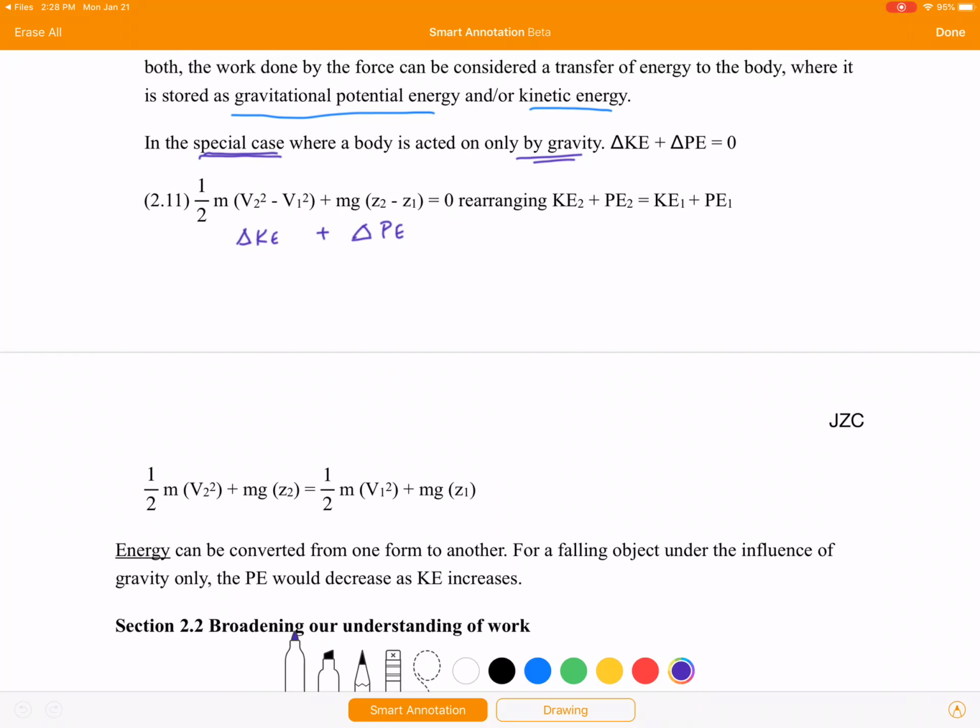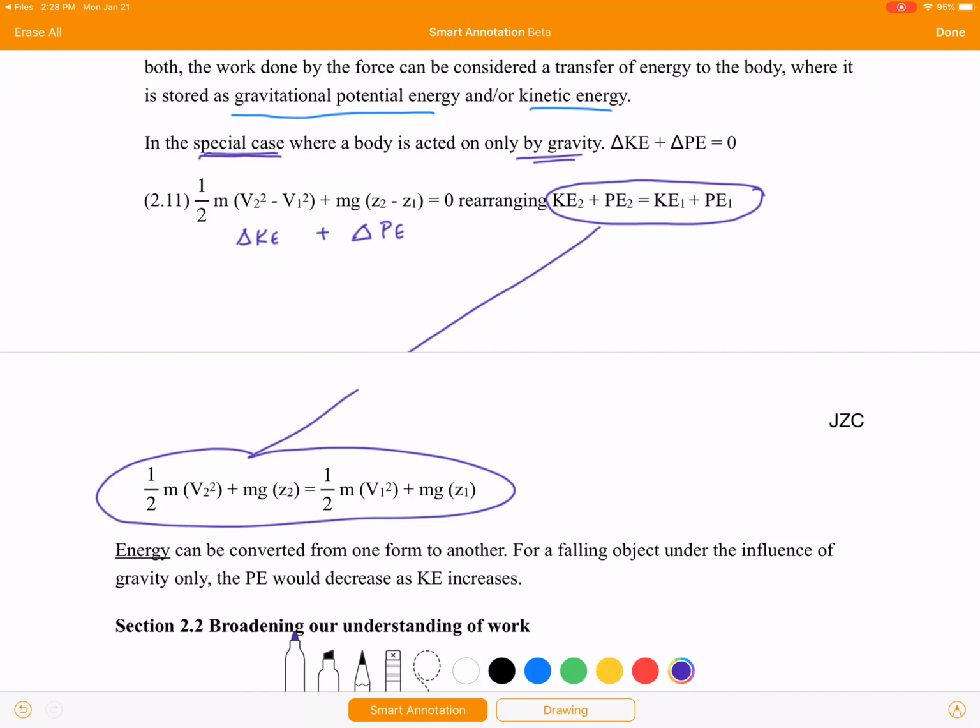Replacing those values, we get 1/2 m v2 squared plus mg z2, equals 1/2 m v1 squared plus mg z1. So this equation is the same as this equation.